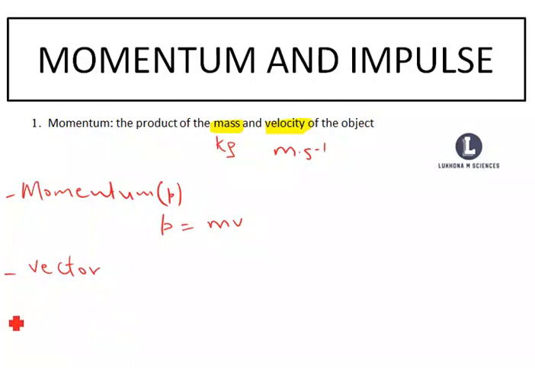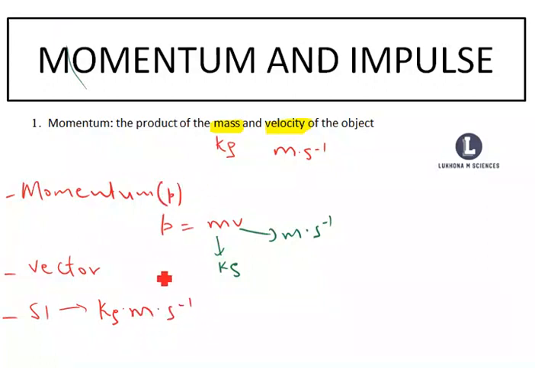The SI units of the momentum: since the mass is in kgs, then the velocity is in meters per second. Therefore, the SI units for the momentum will always be kg·m/s, right?